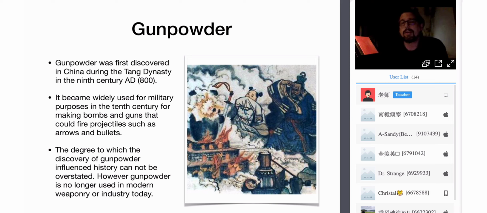So gunpowder was like the catalyst. It was the spark for launching us into the modern era. Gunpowder is no longer used in modern weaponry or industry today, so we just have other more explosive chemicals that we use. But we still call it gunpowder.